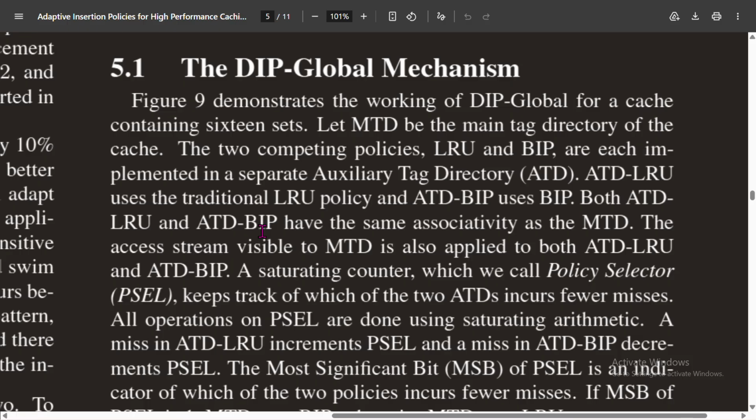ATD LRU uses the traditional LRU policy and ATD BIP uses BIP. Both ATD LRU and ATD BIP have the same associativity as the MTD. The access stream visible to MTD is also applied to both ATD LRU and ATD BIP.